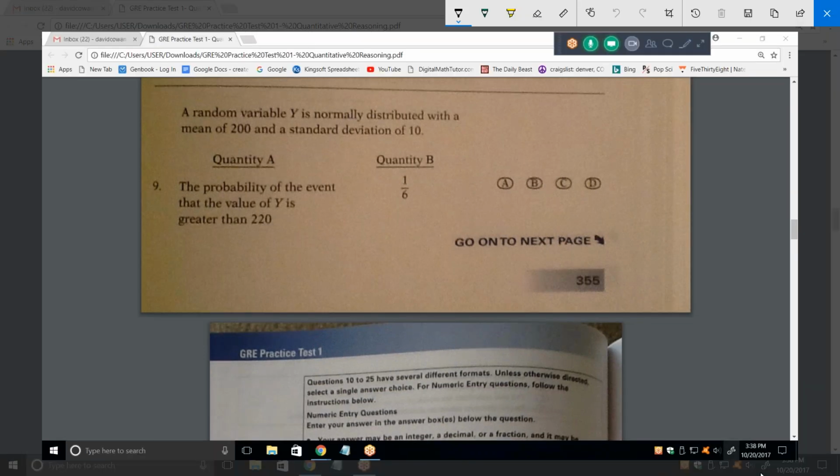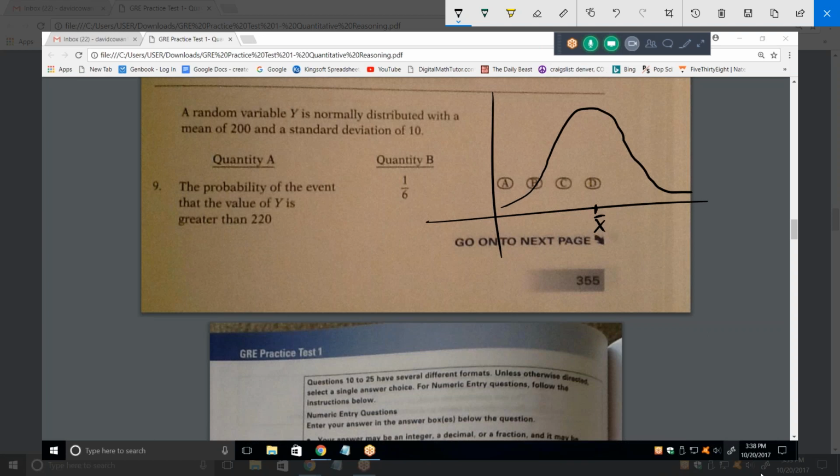The most basic thing about statistics is a normal distribution. All right, the bell curve. Where that's the mean, and we'll call it X bar.